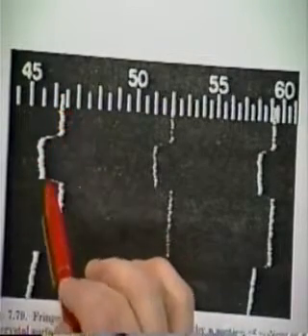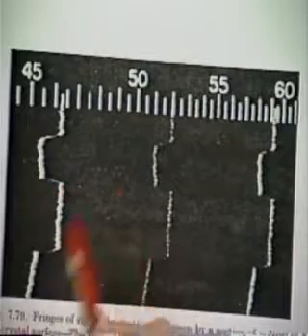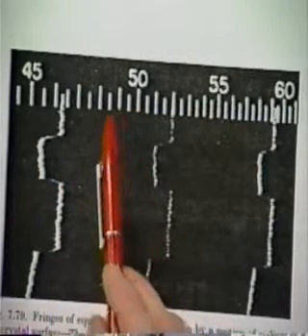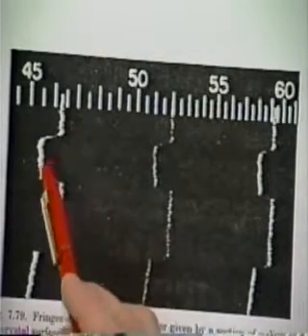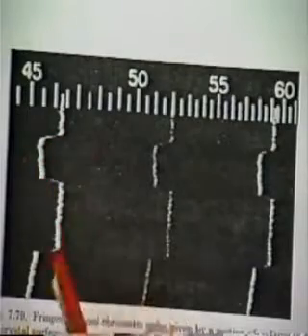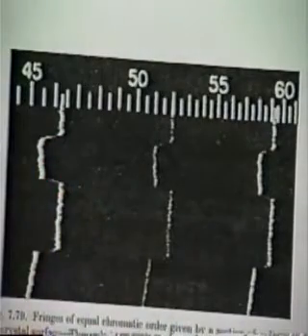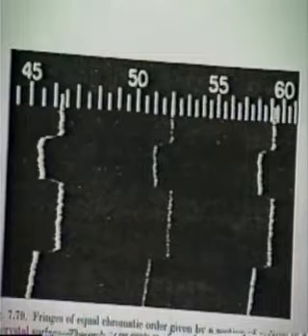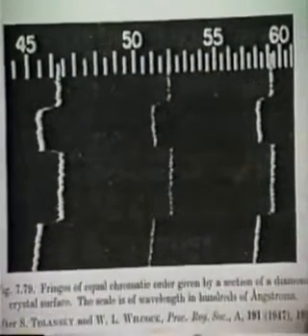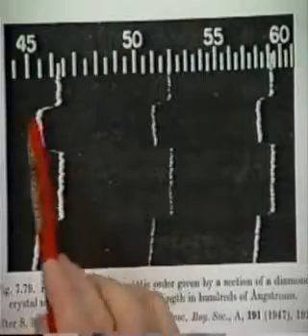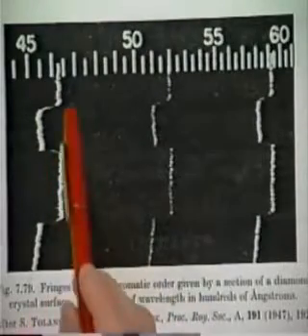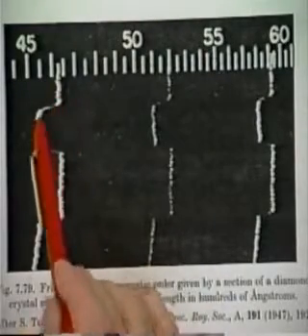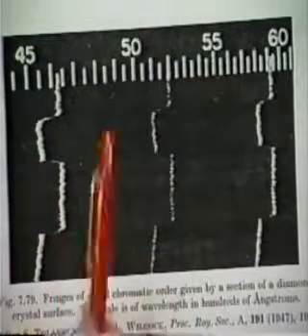This is a fringe of some order, and 2d is equal to m lambda. So if d varies, m is constant, some order, then lambda has to vary. So this is the wavelength in hundreds of angstroms, he says here. And so that's what the image of that slit would look like. So it's giving you a profile of the sample.